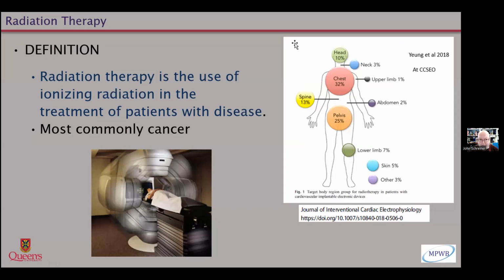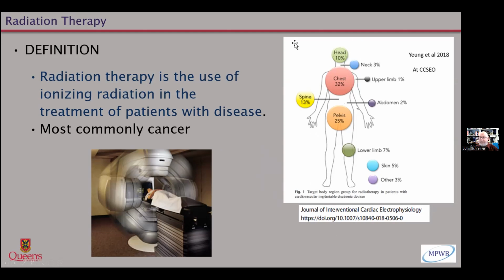So if we ask, what is radiation therapy? Radiation therapy is the use, primarily, of ionizing radiation to treat patients that have some disease. And the most common thing that we are treating is cancer. If you look at the distribution of sites in the cancer clinic in Kingston, which would be quite common for a North American center, we're treating cancers in the chest, predominantly lung.